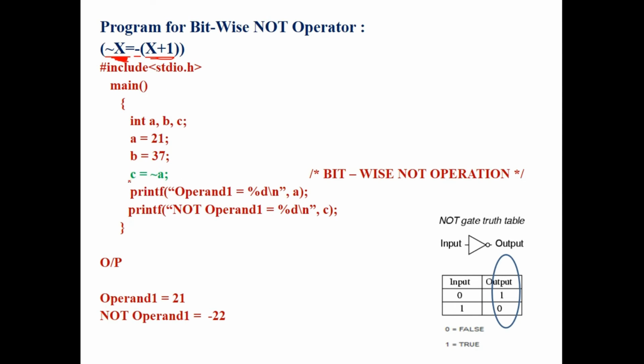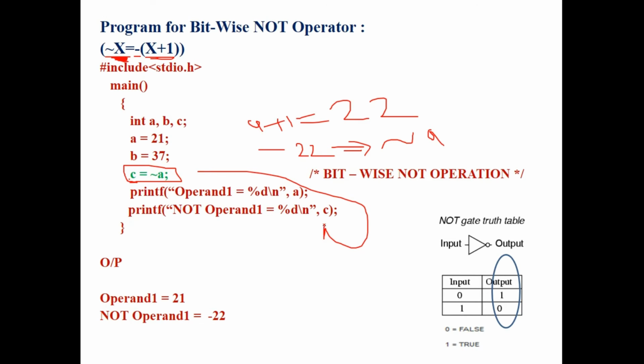So if we perform C = ~A, with A being 21, A plus 1 will be 22, and minus of A plus 1 will be minus 22. That will be stored in C, the bitwise NOT of A. So you will get the result as bitwise NOT of A is minus 22.